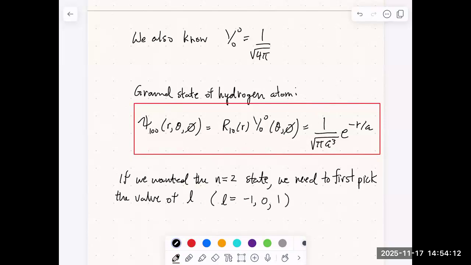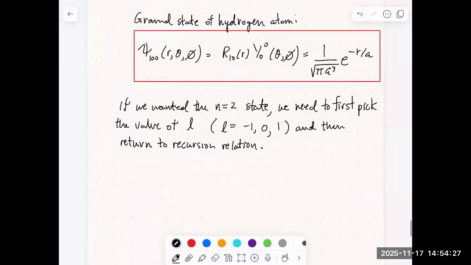Okay, and then return to our recursion relation. So let's just do a little example. We won't do the whole thing, but we'll just see how this works.